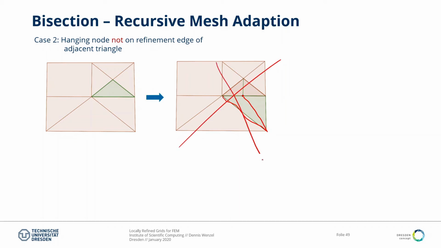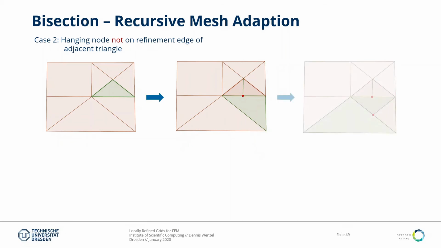What you instead need to do is you need to recursively refine them until your hanging node is on the refinement edge. So if I now mark this green triangle to also be refined, because we have a hanging node there, we need to do something, then the next step is to use its own refinement edge and simply cut it in half. Okay?